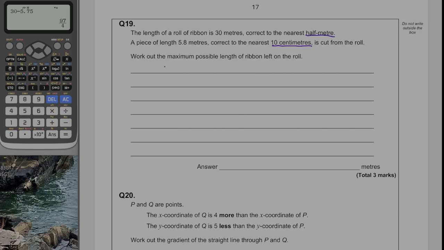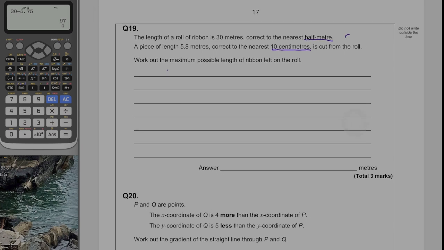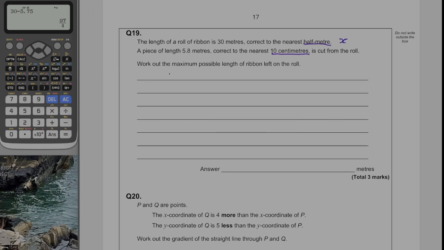So if we call this one X and this one Y for now, we want the max for X and we want to subtract the minimum for Y.